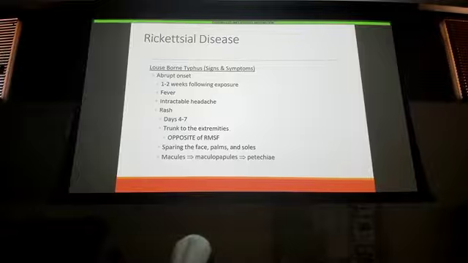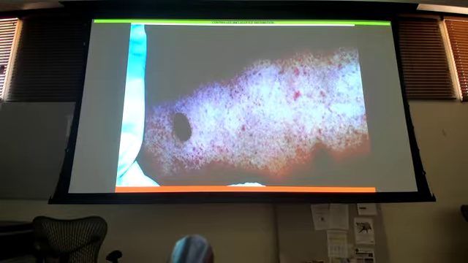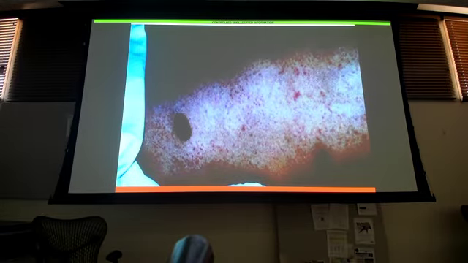That's different. RMSF, we'll read about it here in a minute, is Rocky Mountain Spotted Fever. Rocky Mountain Spotted Fever goes the other way. So just take the time to appreciate which direction the rash is going in louse-borne typhus. This louse-borne typhus rash also spares the face, the palms, and the soles. It tends to start on the torso, moves out towards the appendages, but tends to not go all the way to the hands. Here's a picture of that rash.